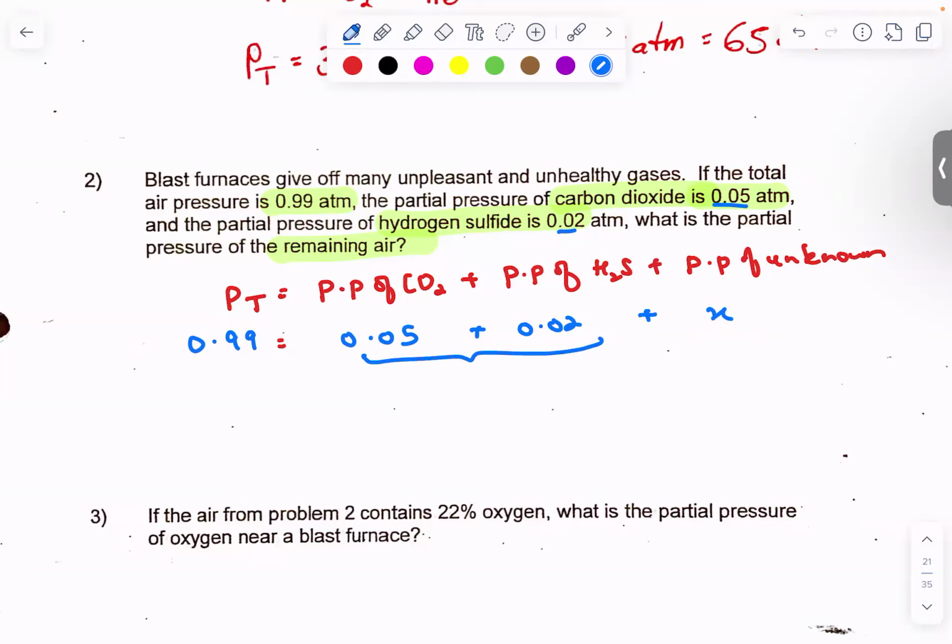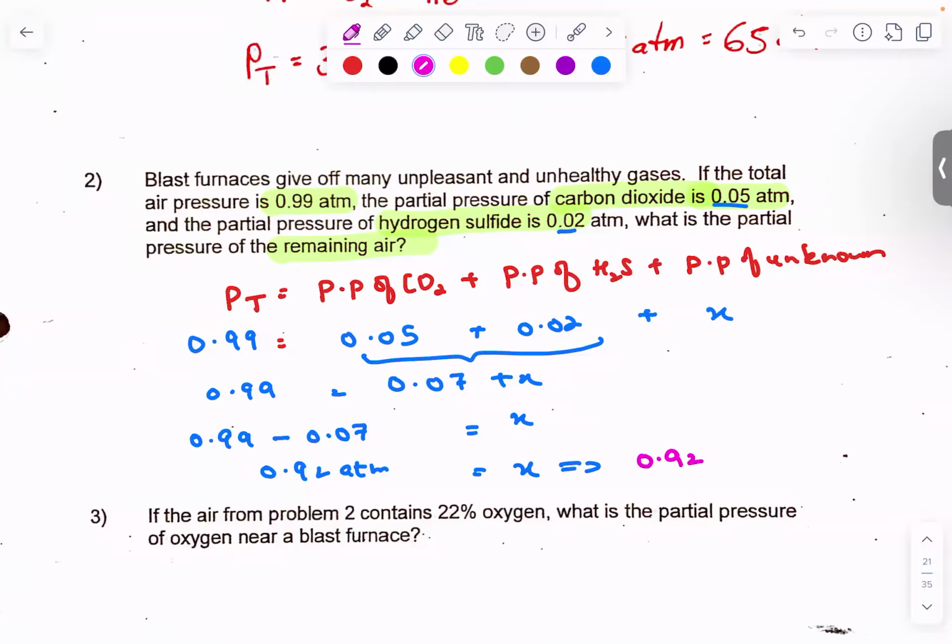It would give me 0.07 plus x is equal to 0.99, and x is equal to 0.99 minus 0.07, and x is equal to 0.92 atm. So the final answer is 0.92 atm. Does it make sense?